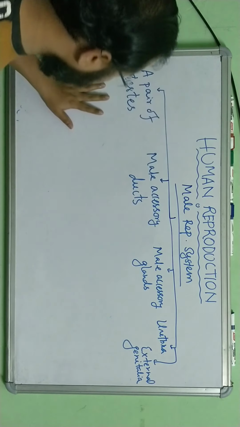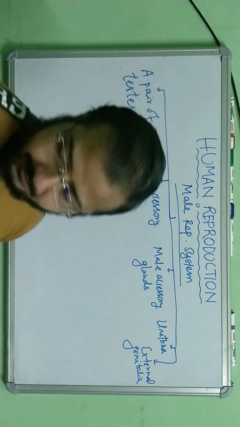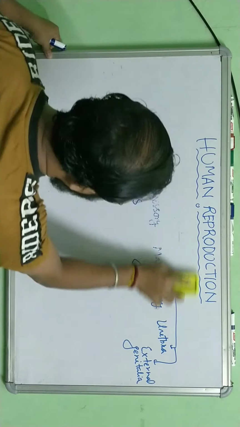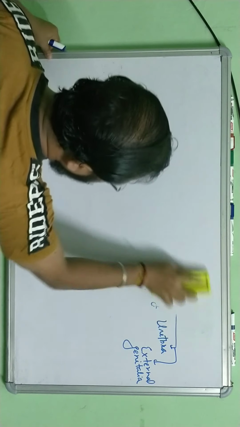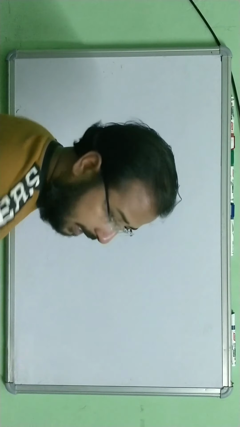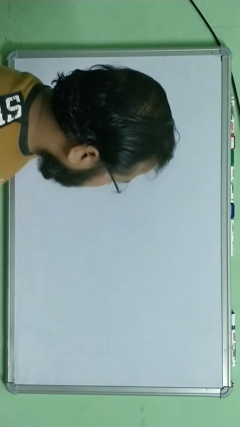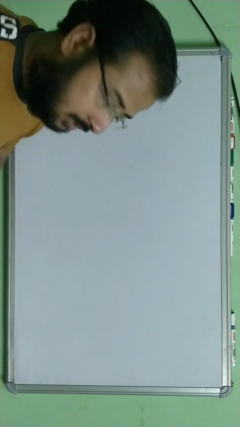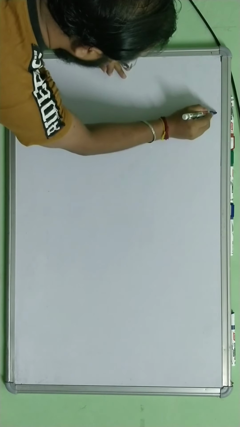The first we will be discussing is the pair of testes. Side by side I am going to draw the diagram also. So let's write the things towards the left of the board.